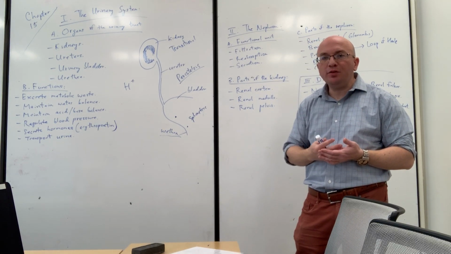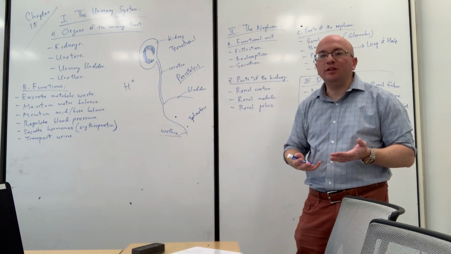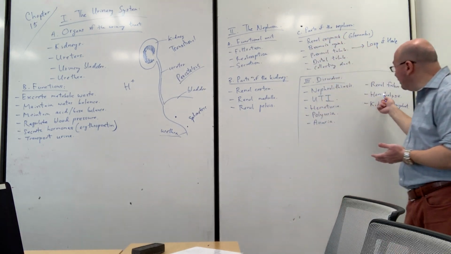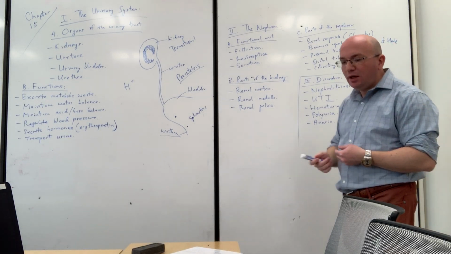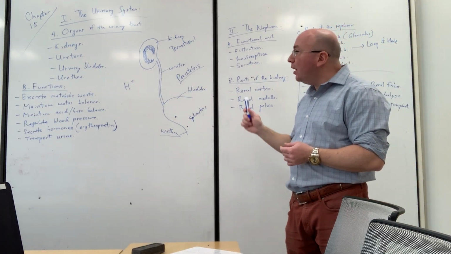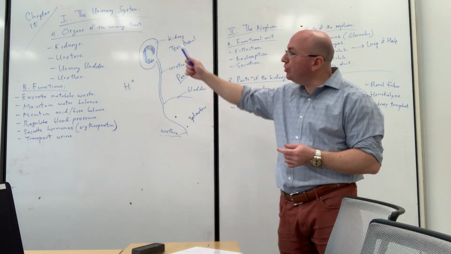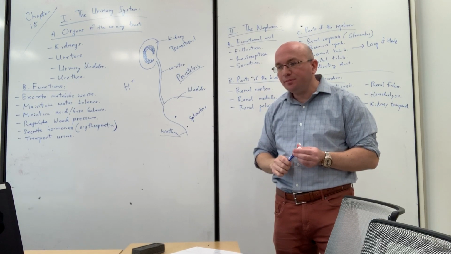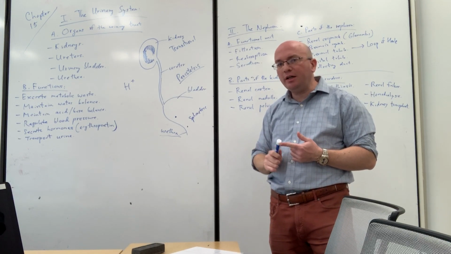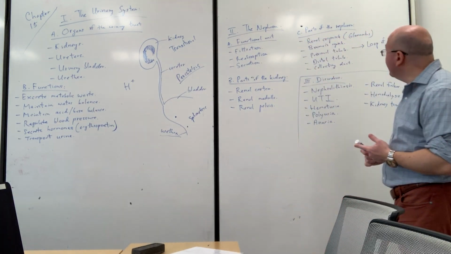Again, keep in mind, living without functioning kidneys is essentially impossible. The person needs to be either on some kind of dialysis or receive a transplant, otherwise they cannot survive. Again, for all of this information, make sure you're reading chapter 15 on the urinary tract, and look at all the illustrations, the diagrams and everything that the author is describing.